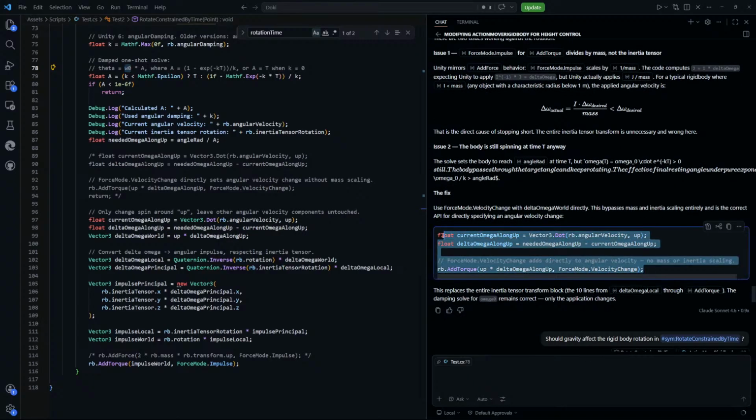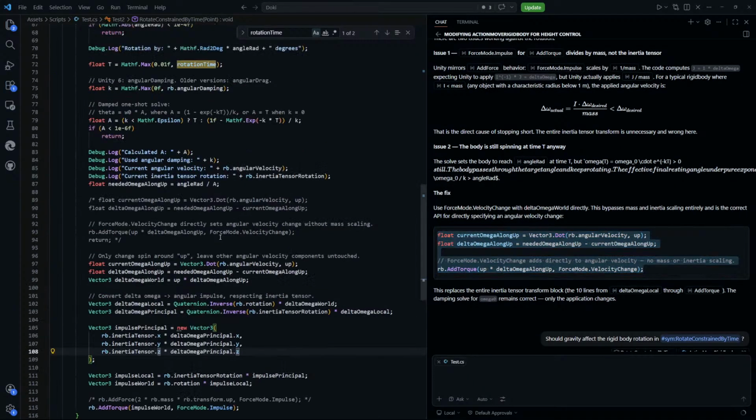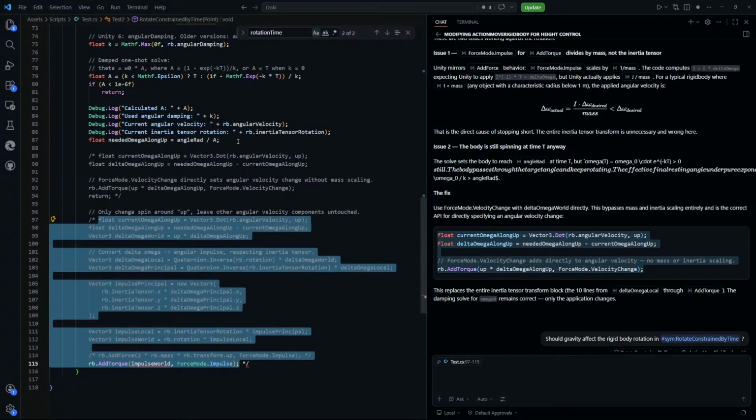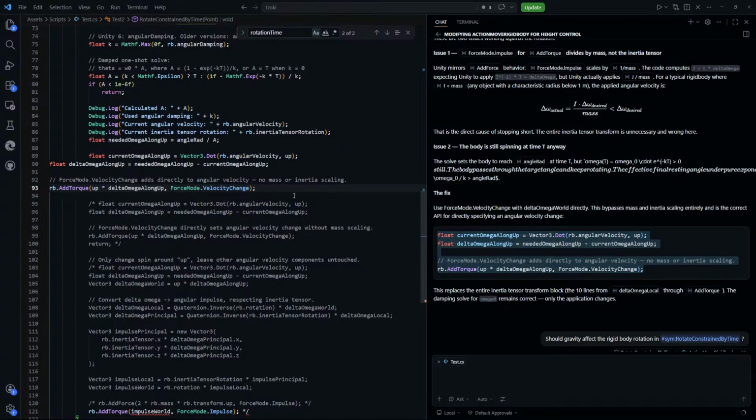Okay, we're gonna jump back to this solution again, but this time around angular damping is gonna be 0. Let's see if we can make it work then. So straight velocity change once again.